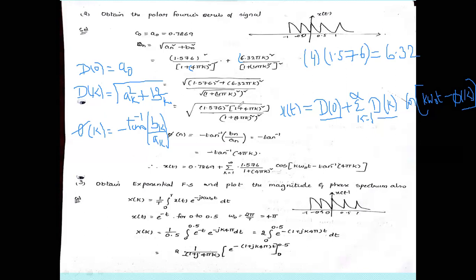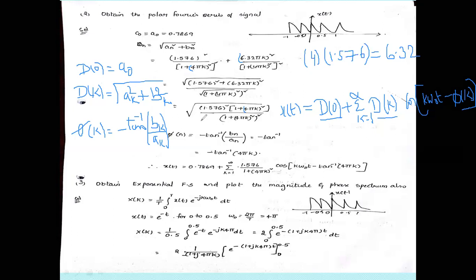In this, the value is 1 plus 4 into 1.576, inside, that is also whole square. So 1 plus 4 pi k whole square is there. Here also some mistake. You can use this parenthesis. And in the denominator also 1 plus 4 pi k square whole square.